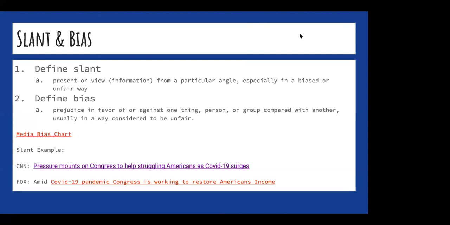That same article on Fox says, amid COVID-19 pandemic, Congress is working to restore Americans' income. What do you notice about those two titles, even though they're talking about the same thing? Any brave soul? The wording, absolutely.